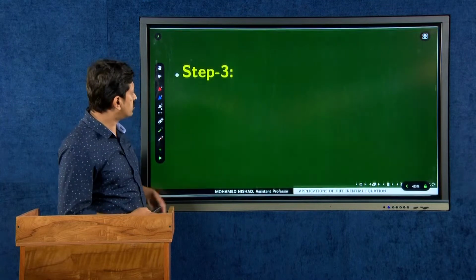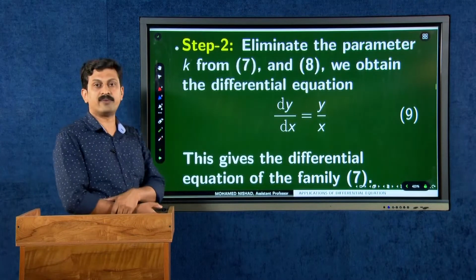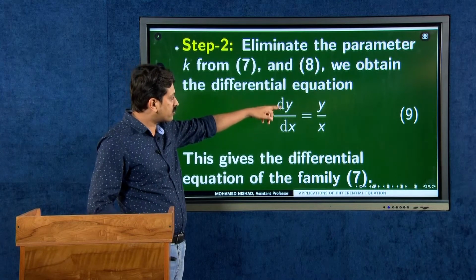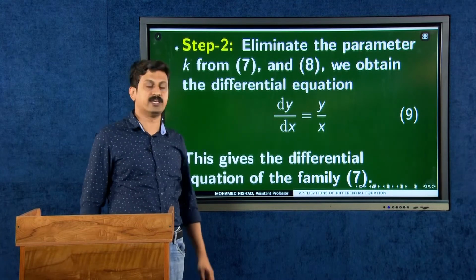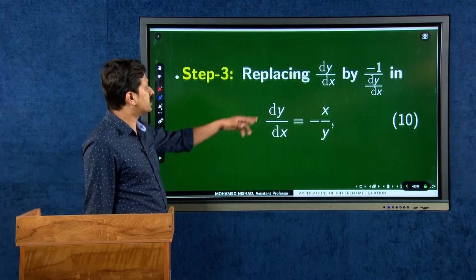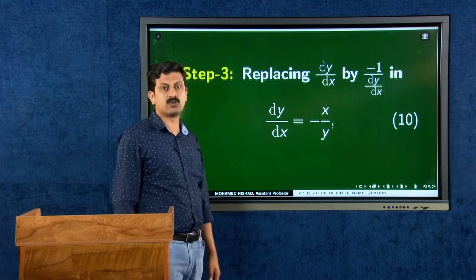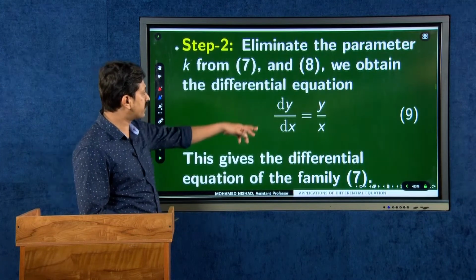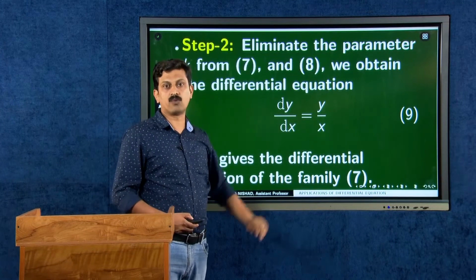See, my dear students, here we have dy by dx is equal to y by x. So, instead of dy by dx, I would like to write minus 1 by dy by dx is equal to y by x.